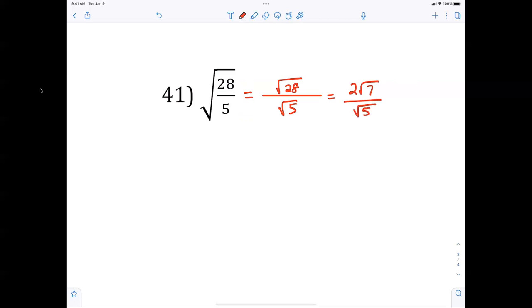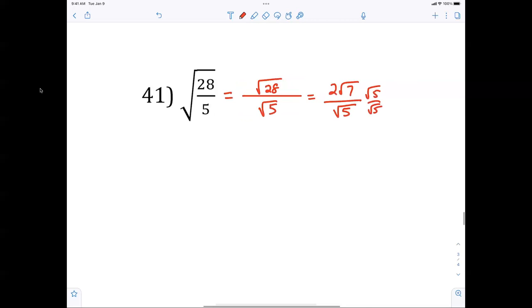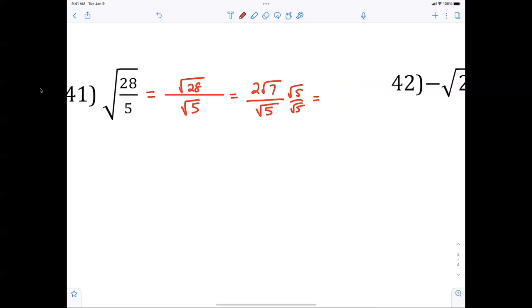Square root of 5. So now what do I have to do? Gotta put square root of 5 on the top and the bottom. Yes, sir. Square root of 5, square root of 5. So what do I have? Two radical 35. Very good. Over 5.